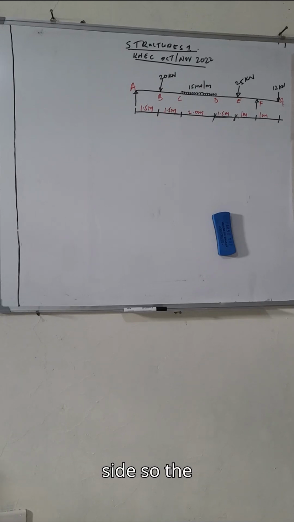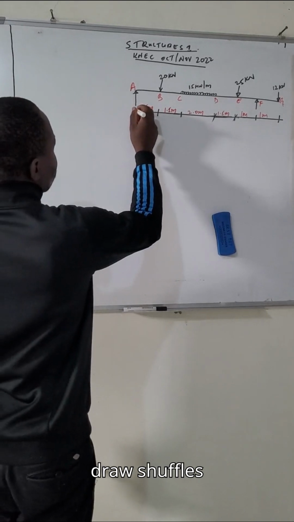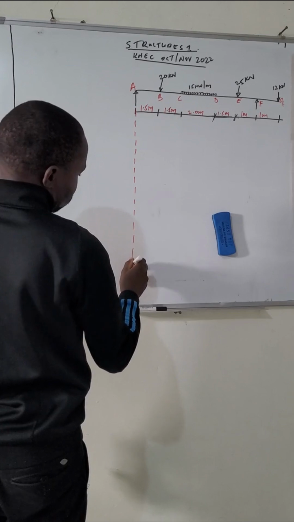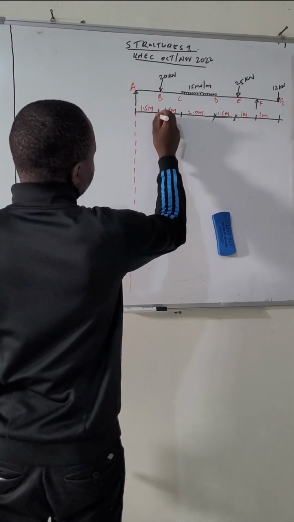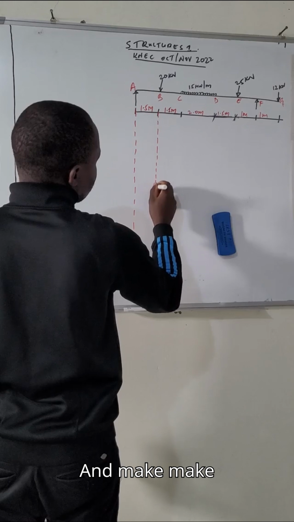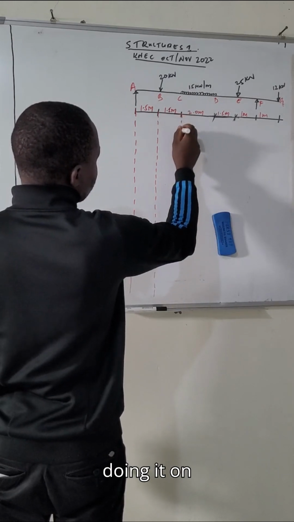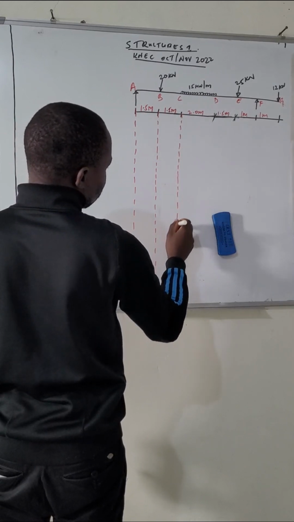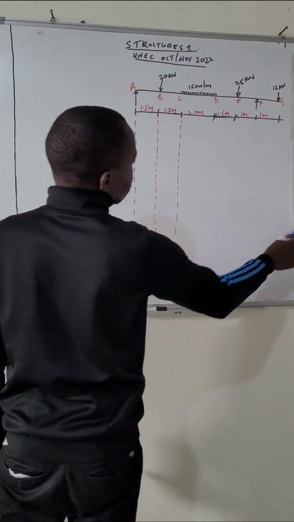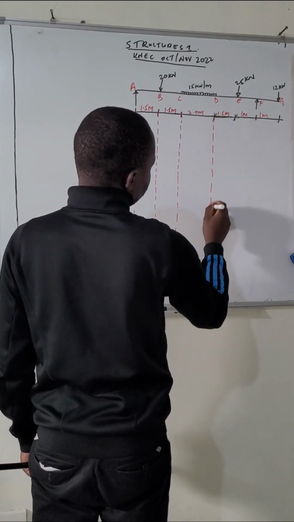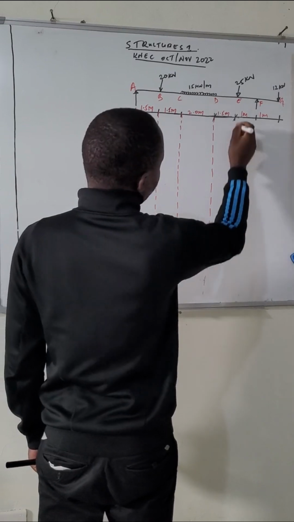So the first thing to do, as usual, is extend this line to give you space to draw the shear force and the bending moment diagrams, and make sure you are doing it on one page.